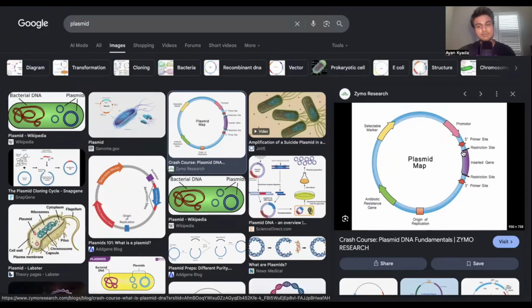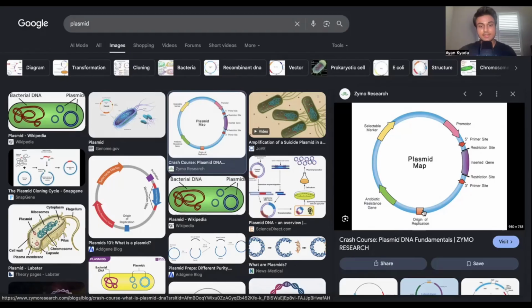And there are three essential parts of the plasmid you're responsible for knowing. The first one is the restriction site, and that's where we're going to actually insert the gene. So we're going to use the restriction enzyme, cut out the original bacterial DNA contained on this plasmid, and insert our gene of interest. The second thing you need is an origin of replication. And we've talked extensively about that during our lesson on DNA synthesis and replication.